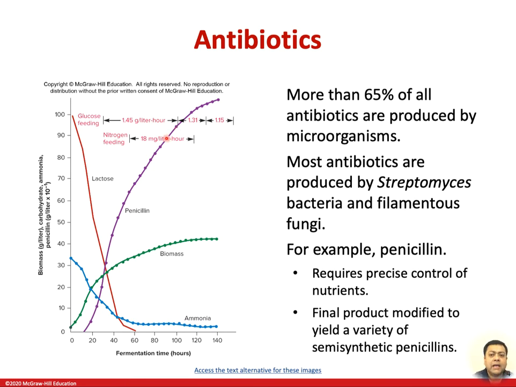You add just a little bit of nitrogen, which will enhance the production of penicillin. Here is the amount of ammonia being produced by the microorganism, and here is the production of penicillin, how it goes and is maintained over a period of time. So this is how you maximize the production of penicillin by manipulating the different conditions in the fermenter, where the Penicillium is growing.